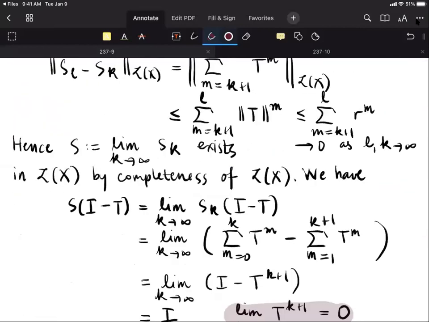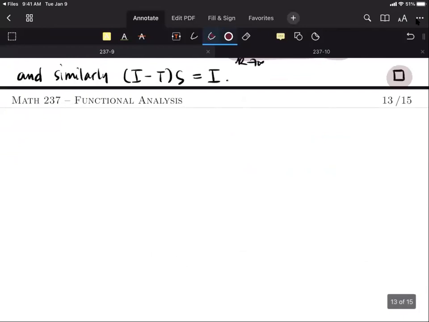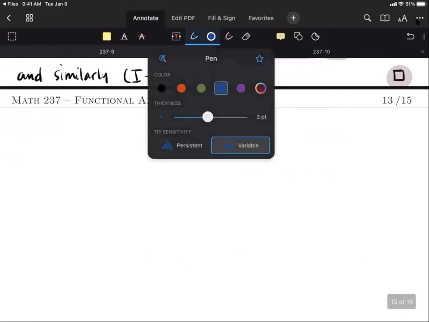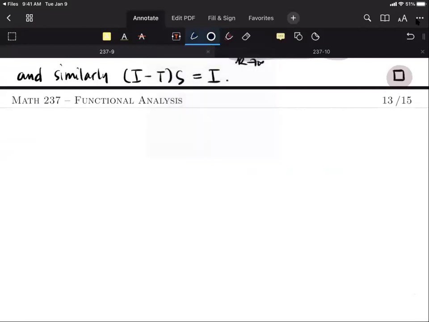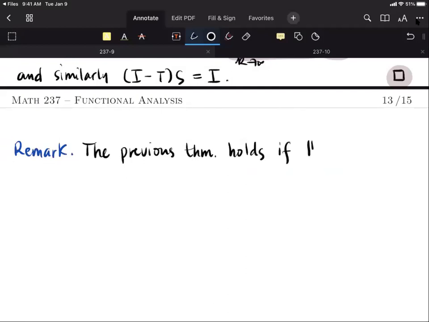So, corollary or remark, I should say. The conclusion of the previous theorem also holds if the norm of T is less than 1.